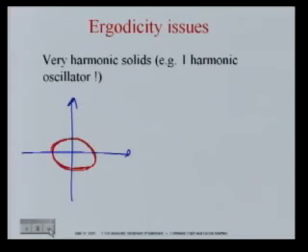Now suppose that you are studying not a single oscillator, but a solid at very low temperature. What your Nosé-Hoover thermostat would give you is something very different from the equilibrium distribution.